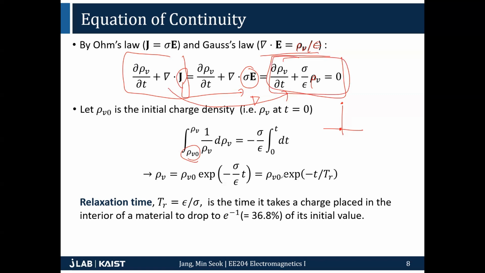The exponent here is called the relaxation time, which is the ratio between epsilon and sigma. This is the time it takes a charge placed in the interior of a material to drop to e to the -1 of its initial value.